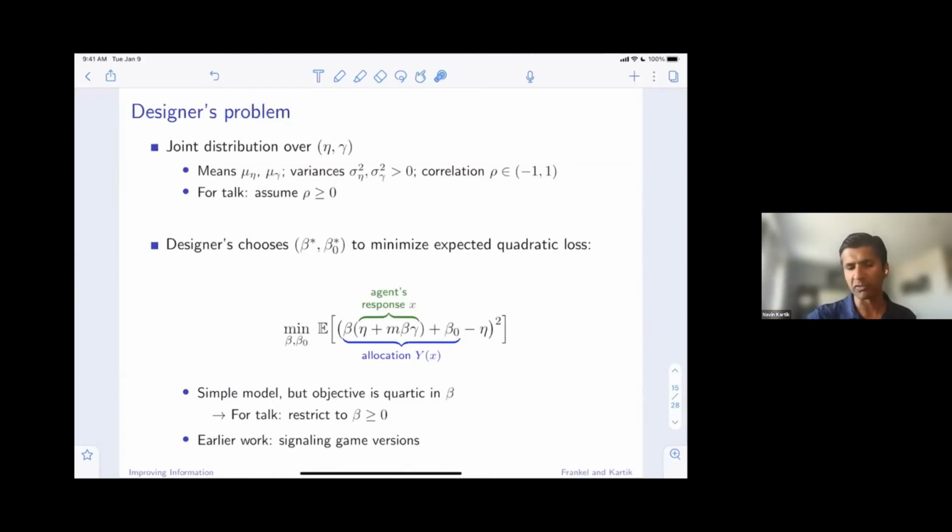The paper also deals with the case where beta might be negative, and actually shows that at the optimum it won't be. And lastly, I just want to stress that the comparison between what we're doing here and earlier work is that earlier work has essentially been looking at signaling game versions of this kind of problem, whereas here we're thinking about the commitment solution, the Stackelberg solution.